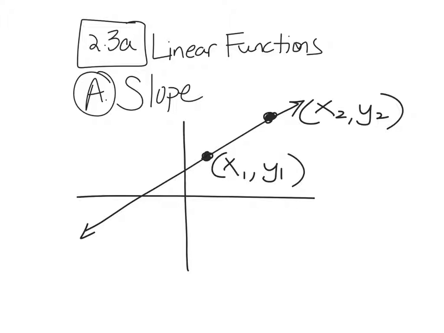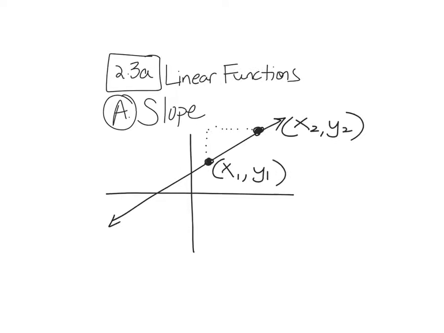When we talk about slope, we talk about the vertical change. If I want to go from this point to that point, instead of moving along the diagonal, I need to move in 2 directions. I need to move up, and I need to move to the right. So there are 2 changes here: a vertical change and a horizontal change.